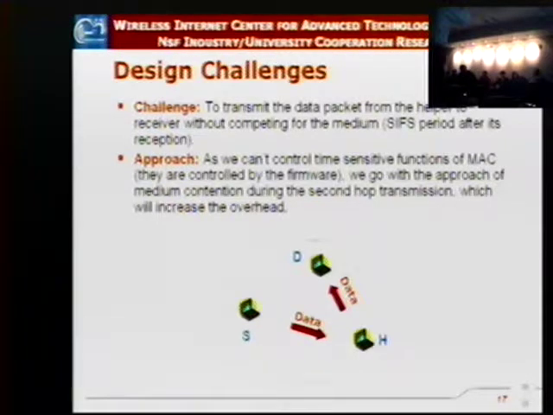Unfortunately, again, because we can't control the firmware, we are not able to transmit after SIFS. So in this approach we compete again for the medium in the second hop and transmit the packet, so we add overhead in our protocol.